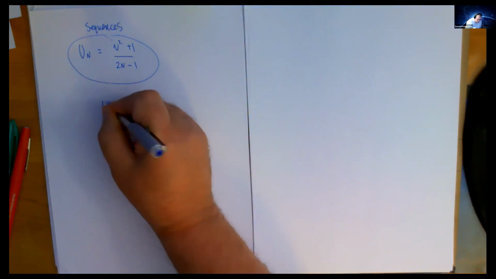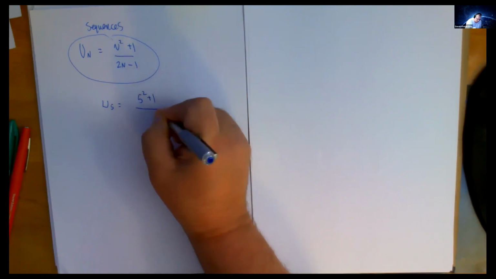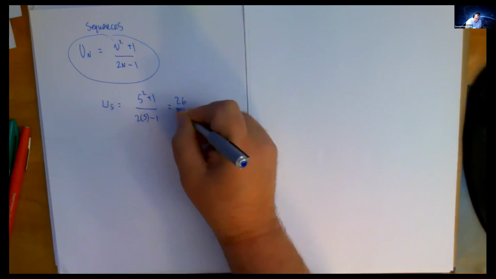In fact, most questions, that's exactly what they do. They tell you the formula. I'm writing it this way. So for instance, if I gave you this sequence and I said to you, I'd like to know what U5 is, don't you basically just say 5 squared plus 1 over 2 lots of 5 take away 1, that's 26 over 9, and that's your answer, right?